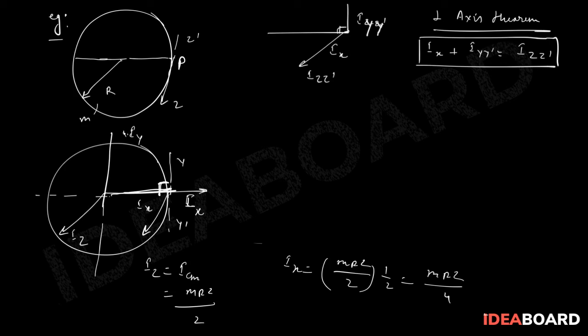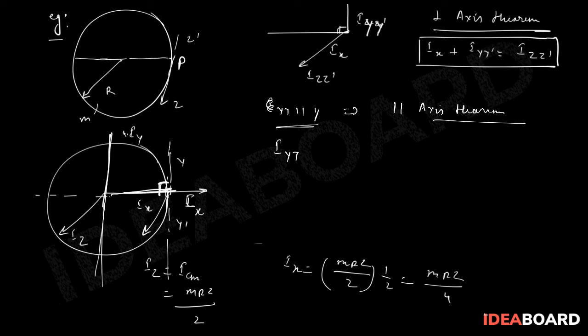If you see this axis, Iy and Iyy dash are parallel. YY dash is parallel to y. So we can use parallel axis theorem here in order to find the value of Iyy dash, which is equal to Iy plus md square. So d is of course equal to r.